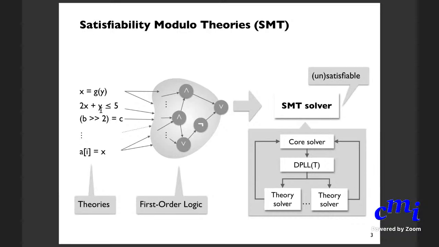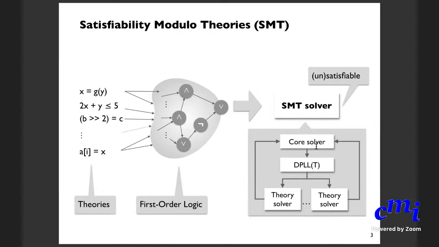For example, if it's a linear inequality over real arithmetic, then the SMT solver could be using an LP solver, based on either a simplex algorithm or something else. So it has various theory solvers. These are solvers that check the satisfiability for a conjunction of atomic formulas.